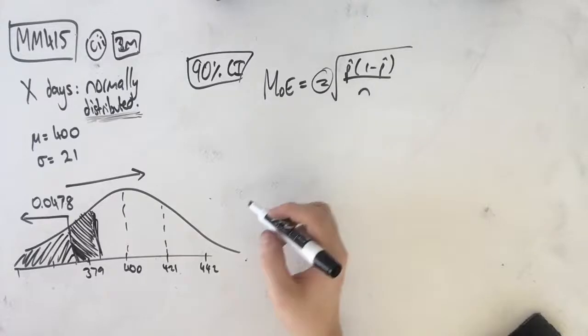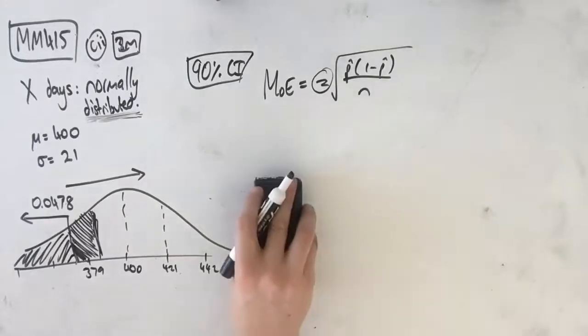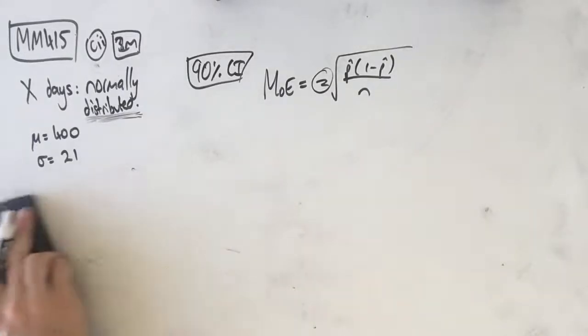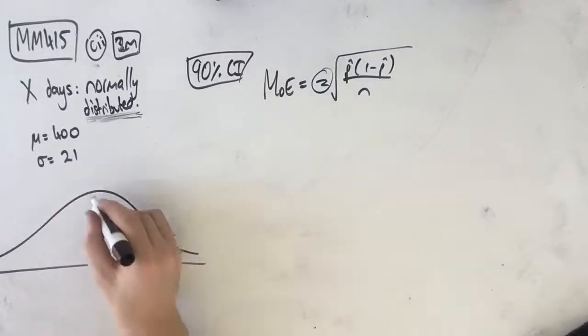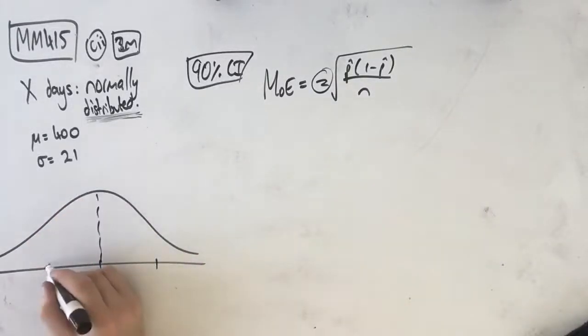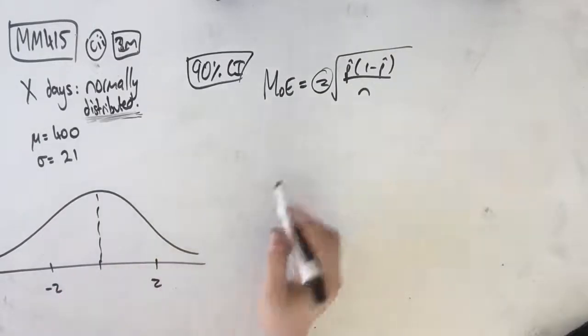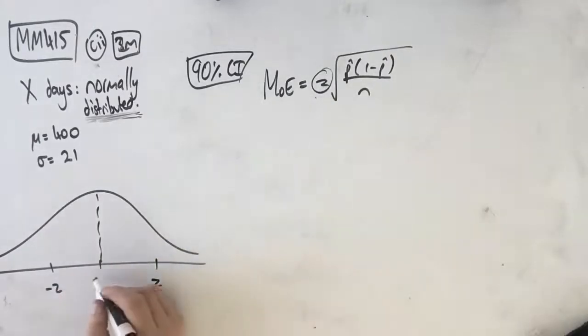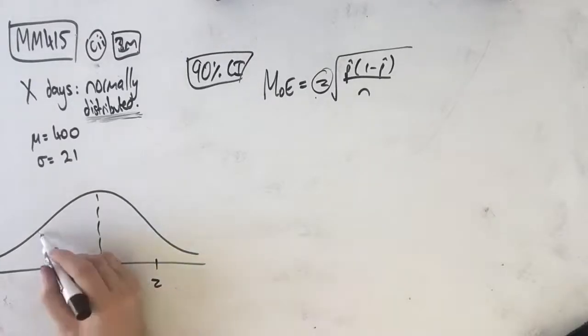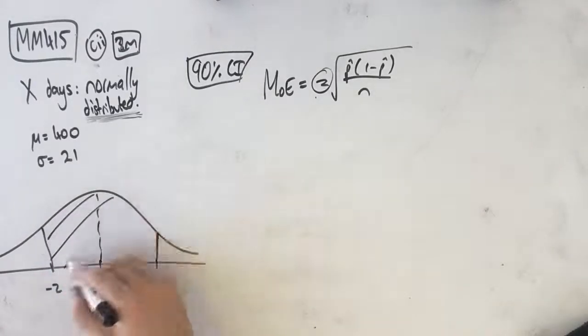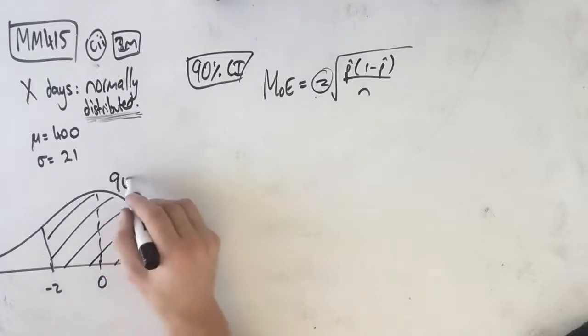What a 90% confidence interval means is that between two values, negative z and z, where our mean is 0 and standard deviation is 1, 90% of the data lies between here.